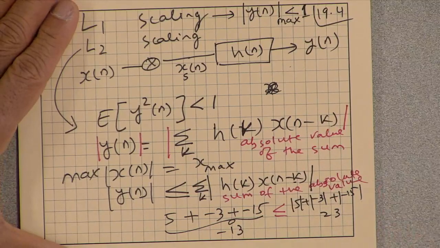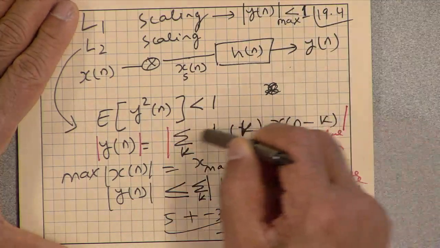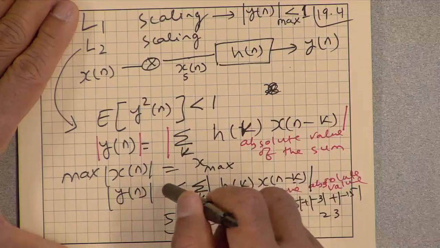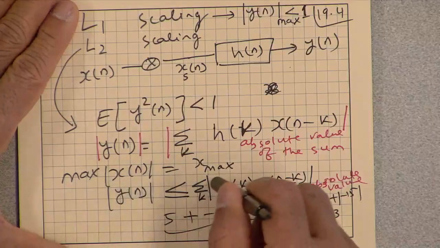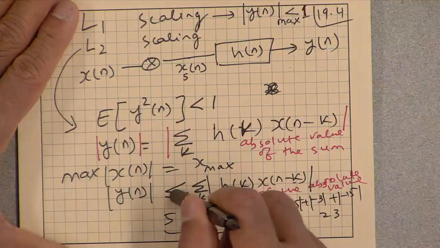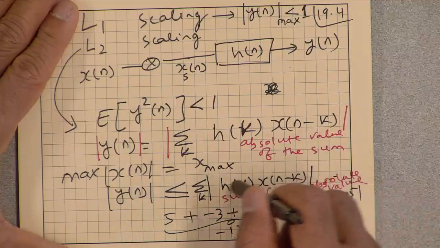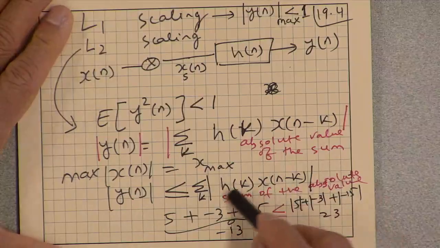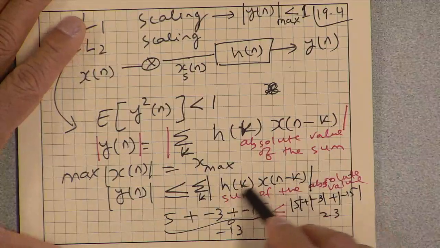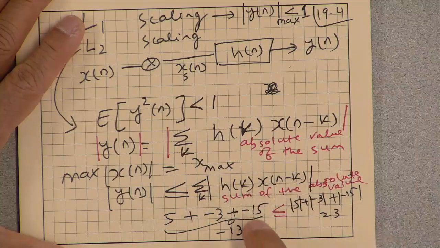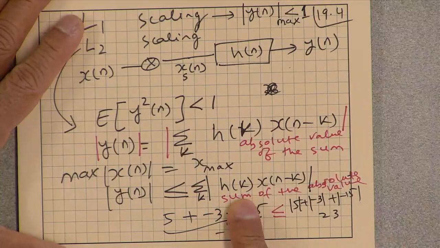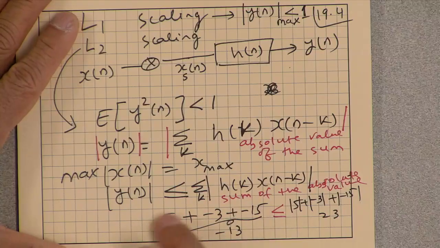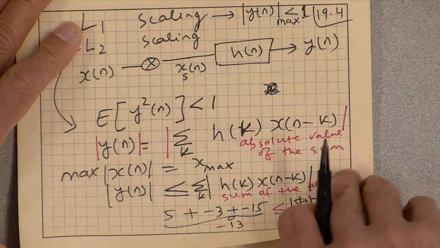So this absolute value of the sum, which is the left side, is less than or equal to the sum of the absolute values. Now I have the absolute value of a product. For example, the absolute value of 5 times minus 3, which is minus 15, is the same as the absolute value of 5 times the absolute value of 3.